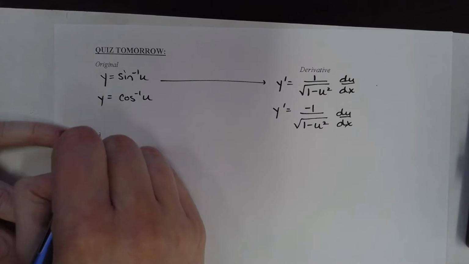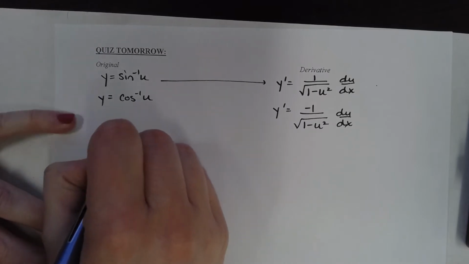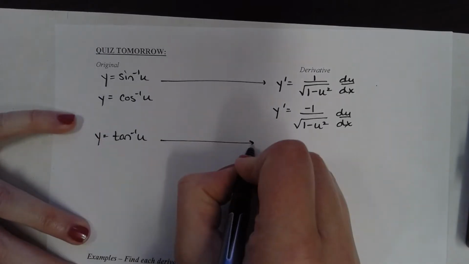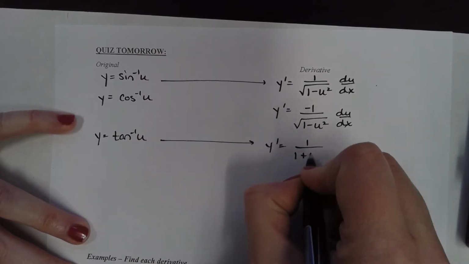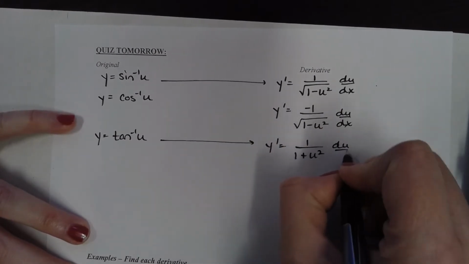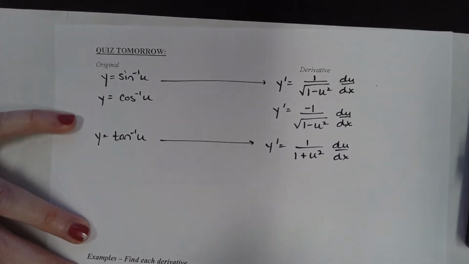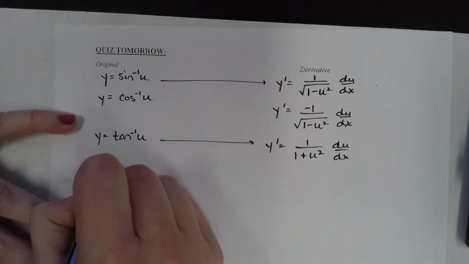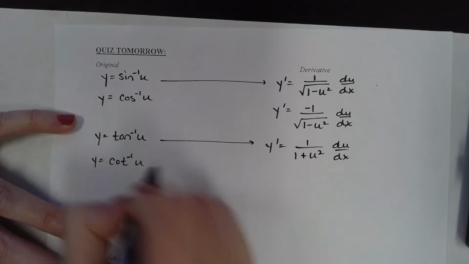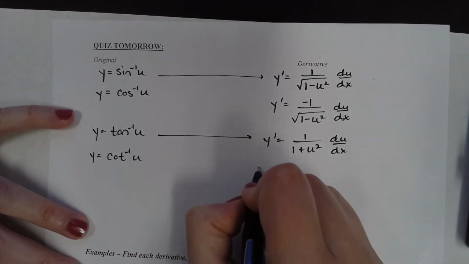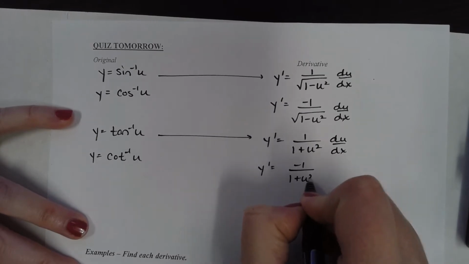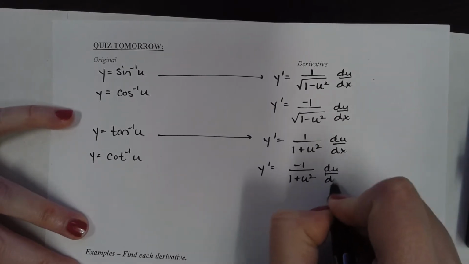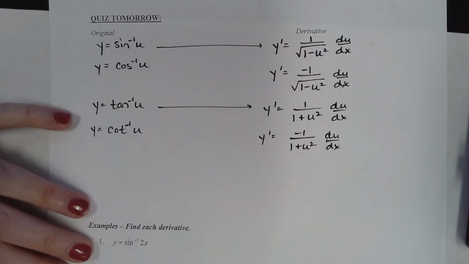Now we need tangent. And the derivative, 1 over 1 plus u squared, du dx. And we need inverse of cotangent, which is negative 1 over 1 plus u squared, du dx.